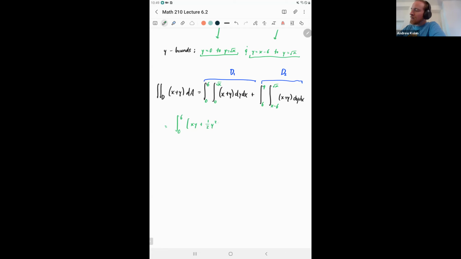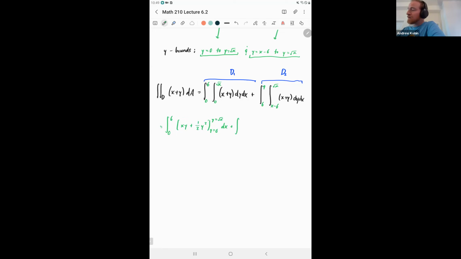And then we're going to evaluate this from y equals 0 up to y equals square root of x. So that's the first step of integrating this double integral: just do the dy part, and then we'll need to evaluate these. And we'll still have a dx on the very outside to handle at the end.